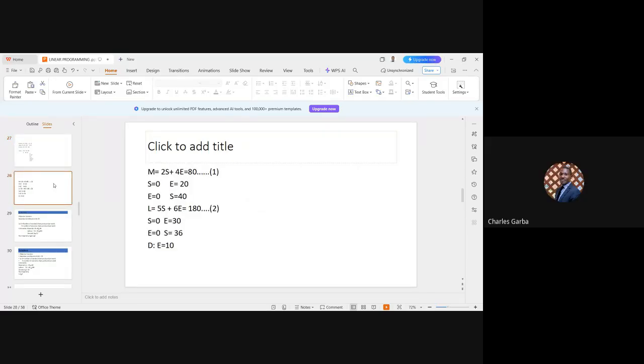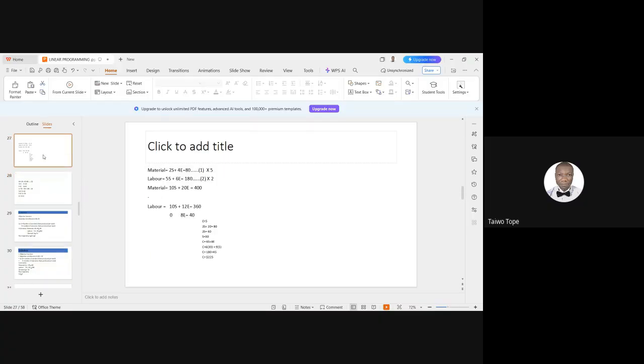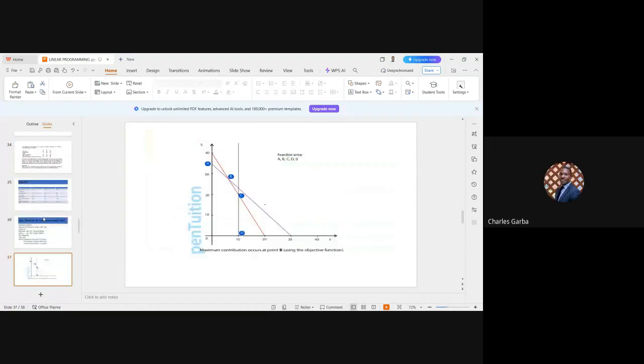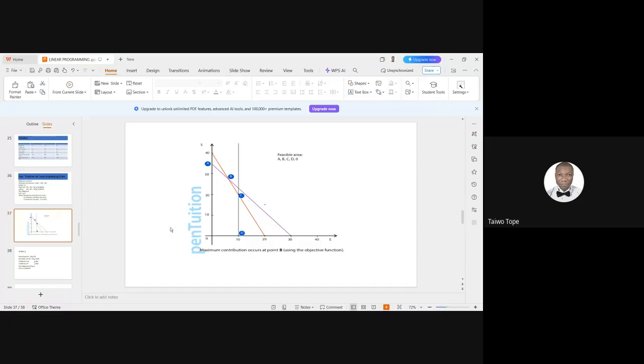E is 30. Fine. So that is how you read the graph. When X is 36, E is 30. You connect.